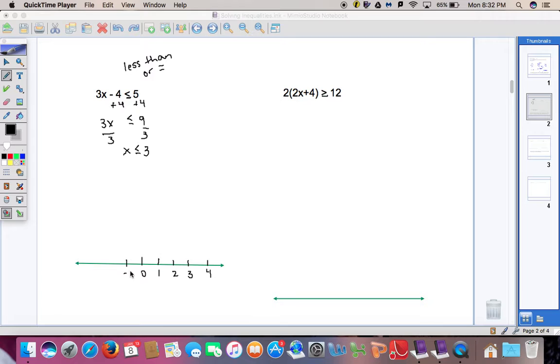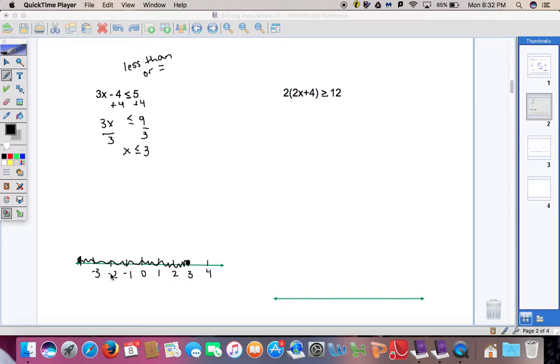And down here we've got -1, -2, -3. And if I graph this, I'm going to have a closed circle at 3 because it can actually be a solution. It would make this statement true. And then everything to the left would be shaded in.